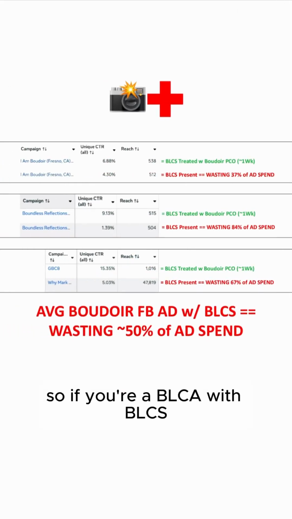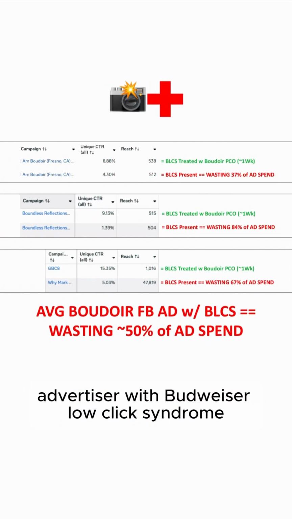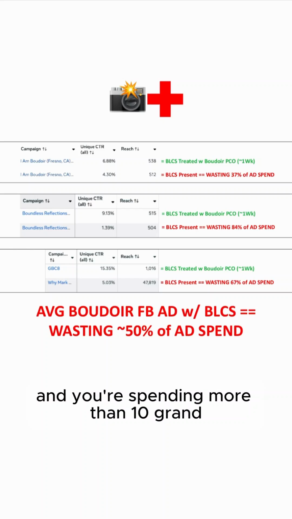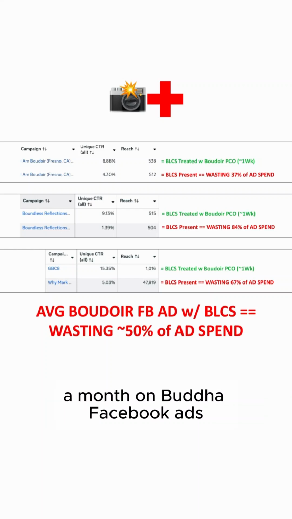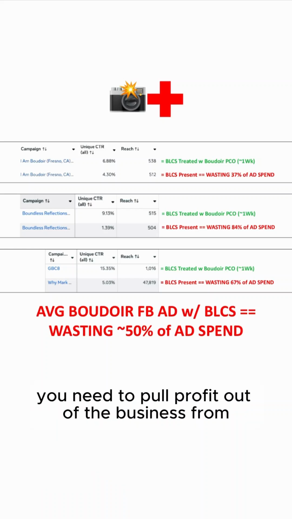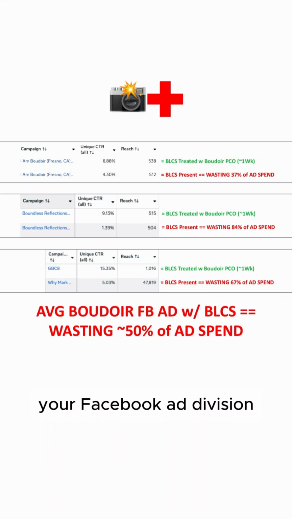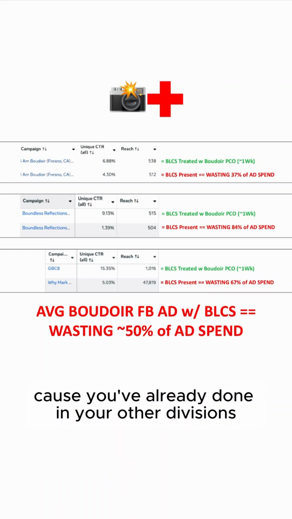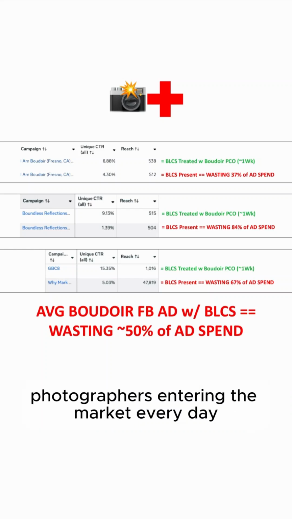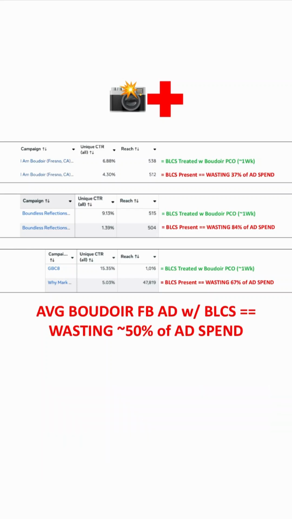So if you're a BLCA, a Boudoir low click advertiser with Boudoir low click syndrome, your unique CTR is under 6%, you're spending more than 10 grand a month on Boudoir Facebook ads, and you've decided you need to pull profit out of the business from your Facebook ad division because you've already done it in your other divisions. You want to pull some profit out because you see more boudoir photographers entering the market every day, pushing prices down.